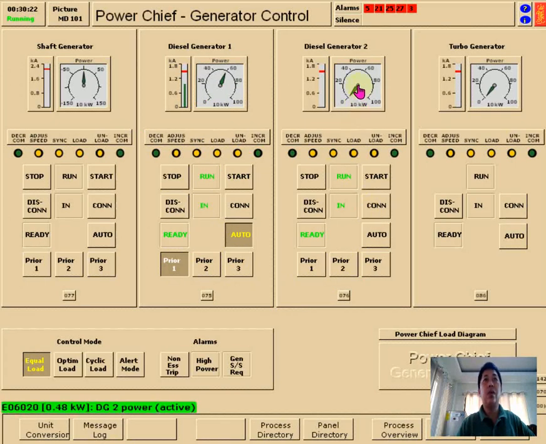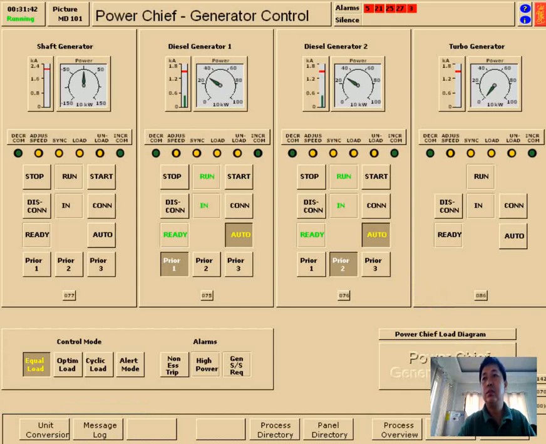But now I'll show you. I will put this one, number 2, in automatic, and priority 2. We will wait because this is a long time responding. Now it's already in auto and priority 2. As you can see, the load is already equal.